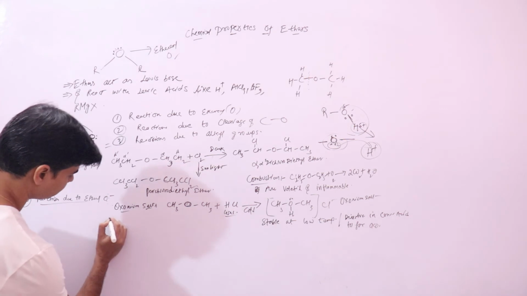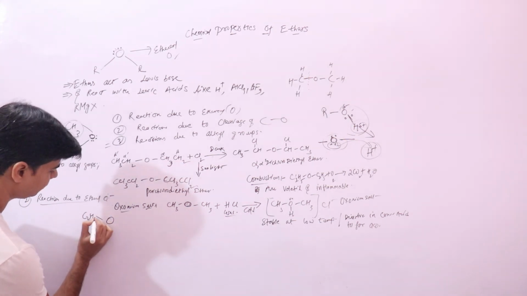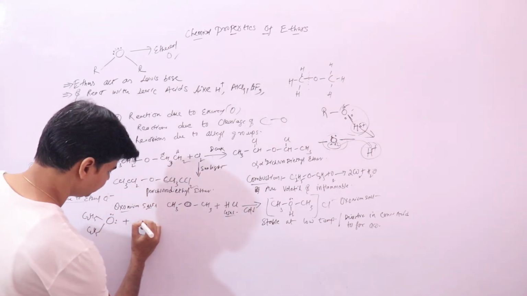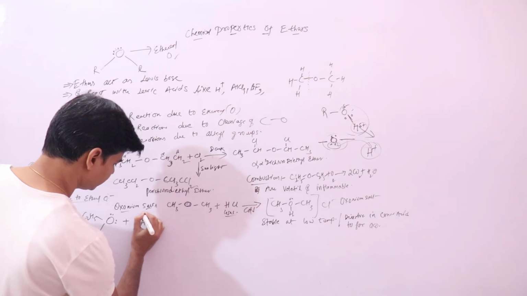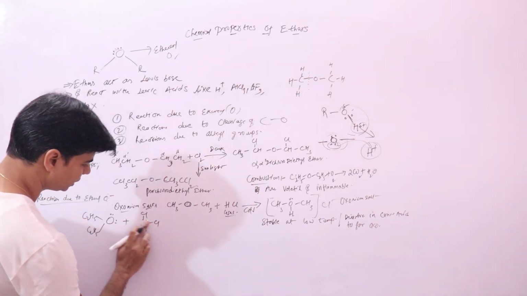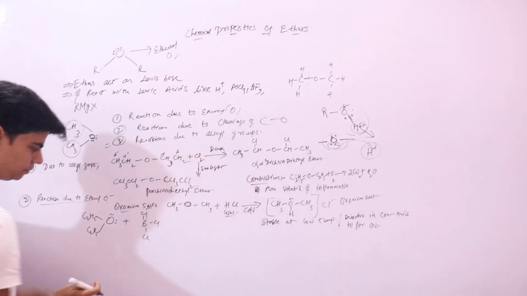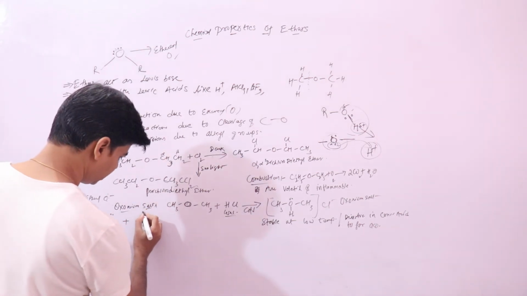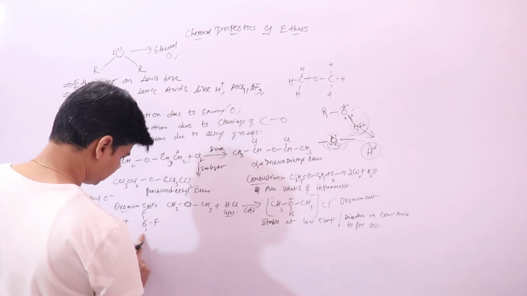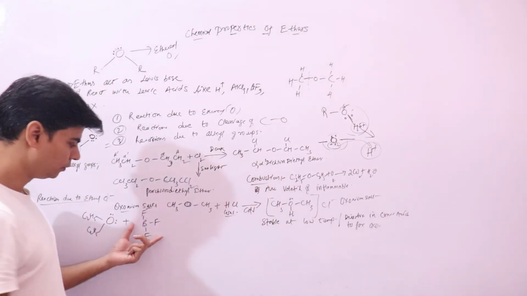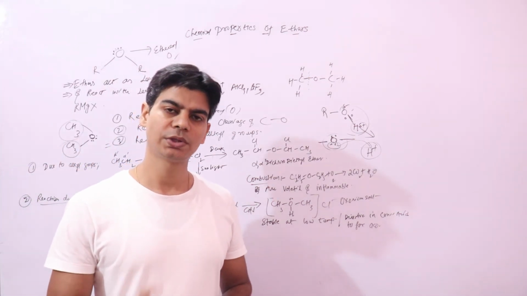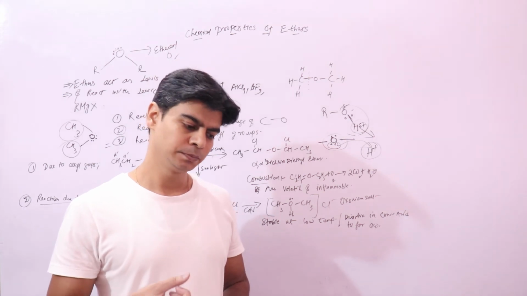If we talk about C2H5, it will react with aluminium chloride, or let's say boron trichloride or boron trifluoride. Let's take commonly the compound boron trifluoride. If you remember our study from chemical bonding, boron trifluoride and aluminium chloride both are Lewis acids.